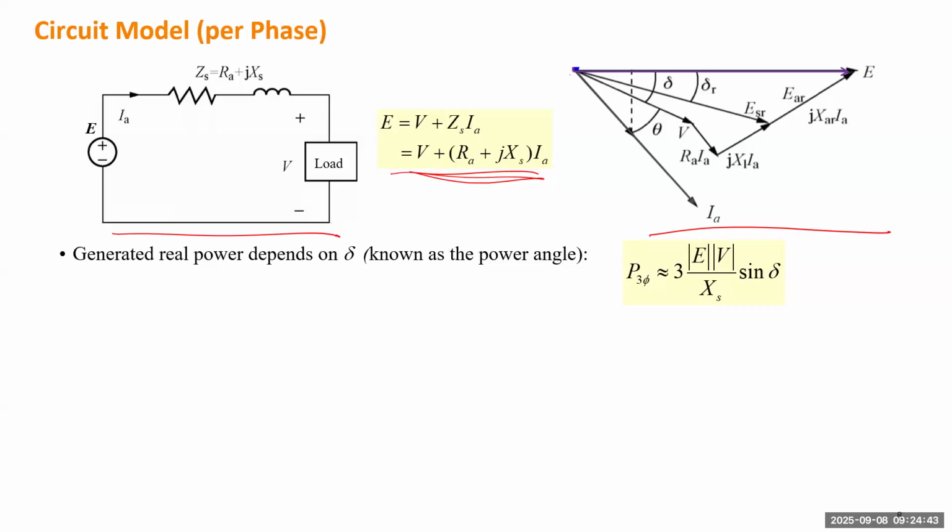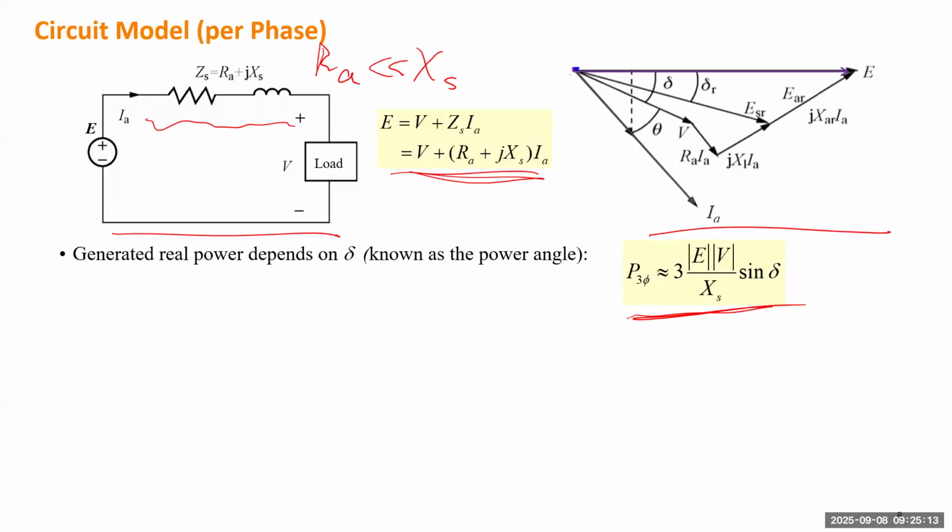We just treat this whole branch as a transmission line with reactance and also resistance. When the resistance is small, which means usually RA can be ignored compared to the synchronous reactance, the real power can be estimated based on this formula.